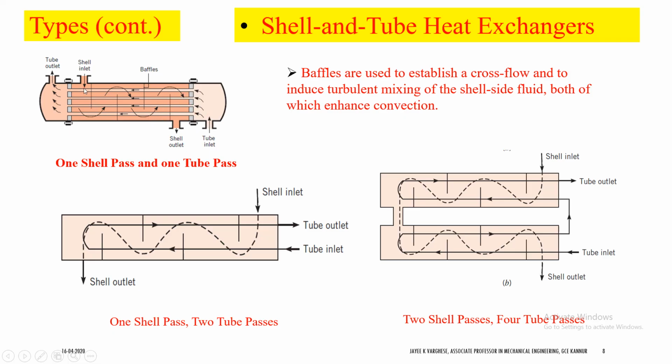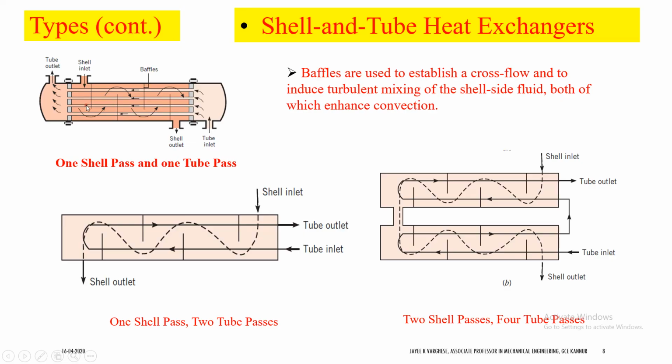So shell fluid has only one pass, and as it passes from left to right, there are baffles provided for the shell fluid, so that it resides inside the shell for a longer time, so that the contact time will be more and maximum heat exchange is possible.